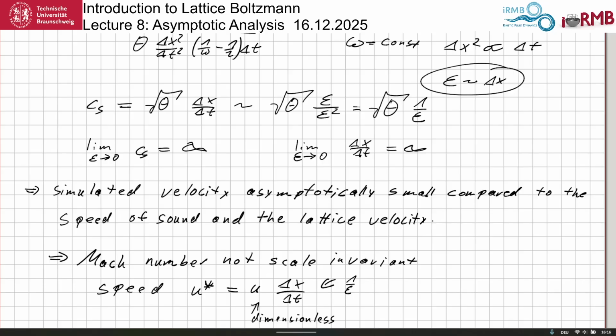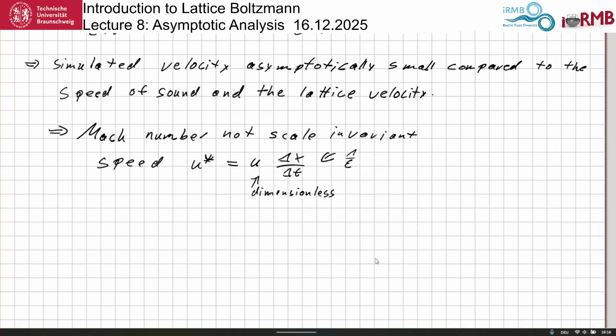So I'm talking too much here, but maybe I hope you come to listen to me anyway. So our u, the solution of the Navier-Stokes equation. No, this is not the solution of the Navier-Stokes equation. U is the solution of the lattice Boltzmann method, which is not accurate. It has an error.